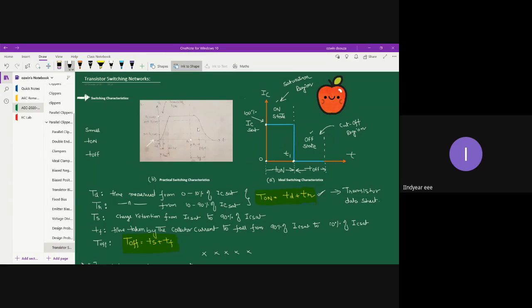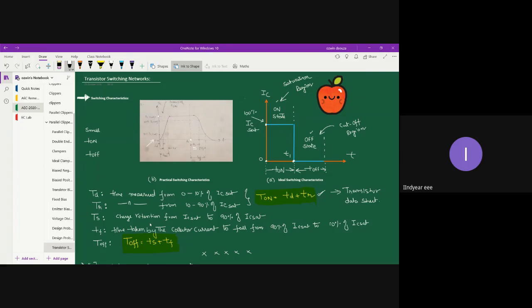That time interval is called the storage time TS.